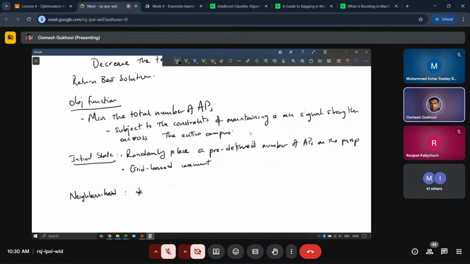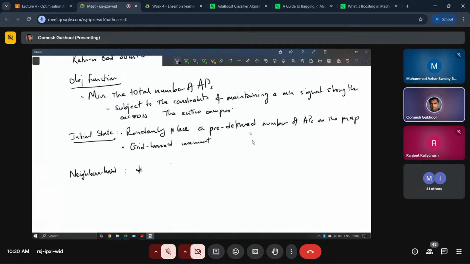Cooling schedule. I'm just summarizing whatever I've written there. It's going to be T is equal to T multiplied by alpha. This method is known as an exponential decay.